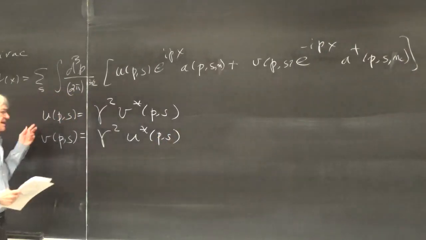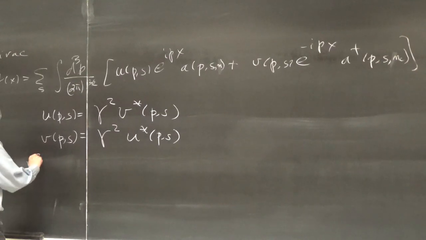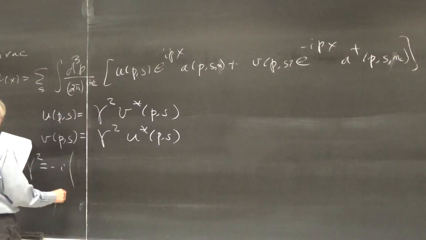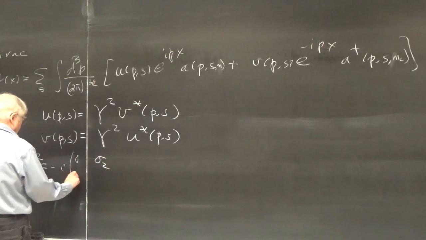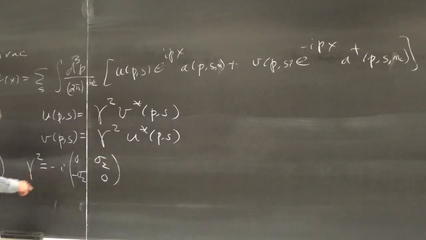So these general relations follow from Lorentz invariance and so forth, and the way fields transform. This is Weinberg's construction of them. And let me remind you that gamma 2 in Weinberg's notation has a minus i here, 0 sigma 2, minus sigma 2 0.